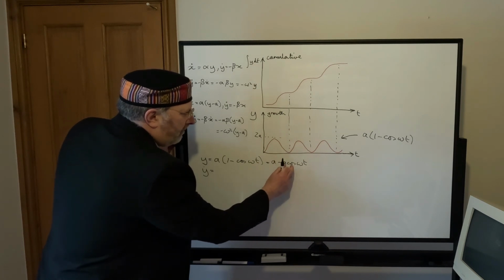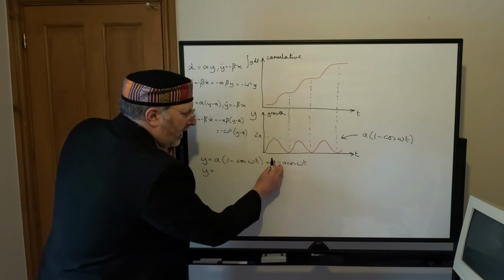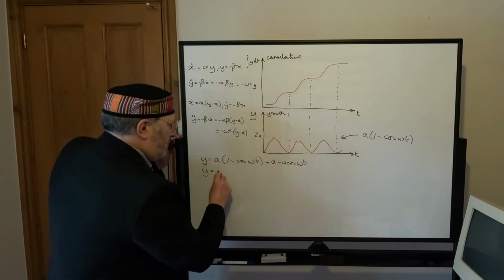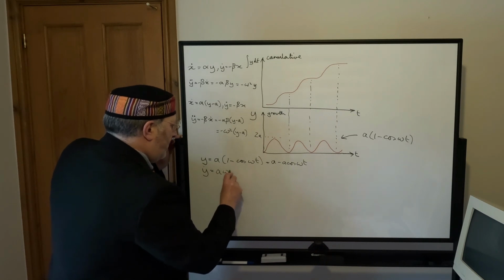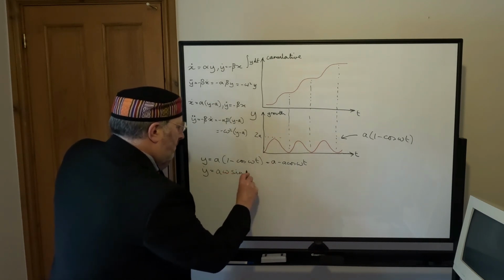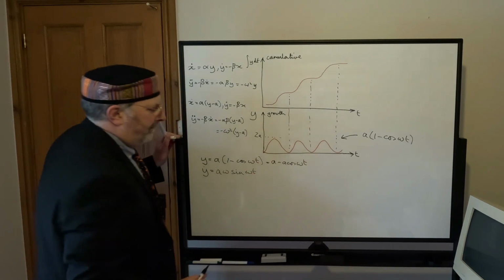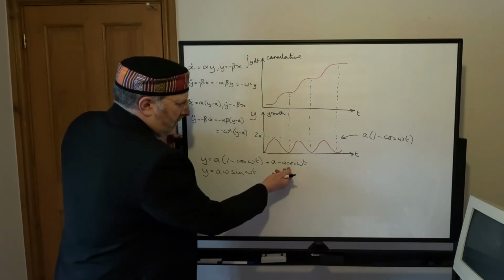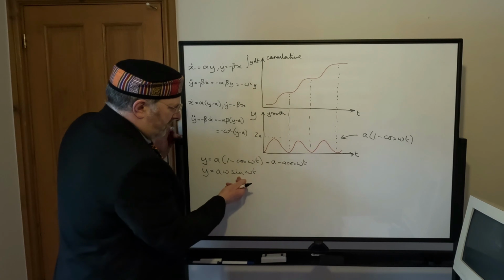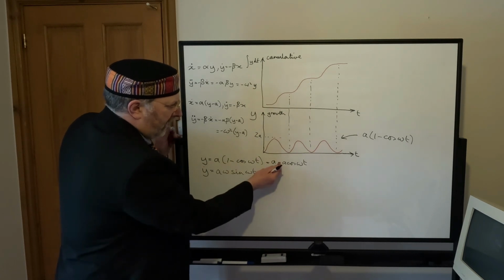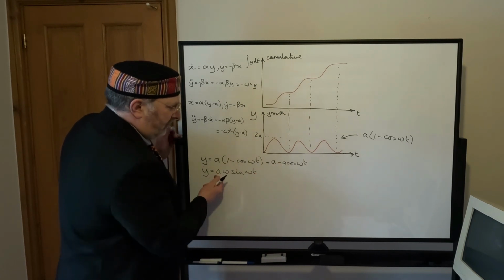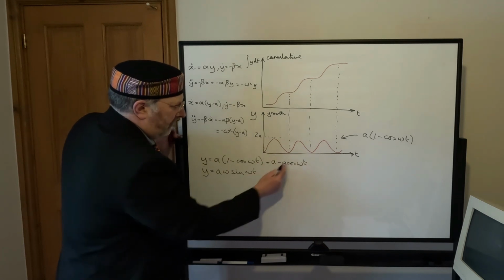So the minus sign, we've already got a minus in front, so that will now become positive. And so we'll have a omega sine omega t. So as I said, the cosine goes to minus sine, but the minus cancels with this minus, so we're left without a minus, and the omega comes out.